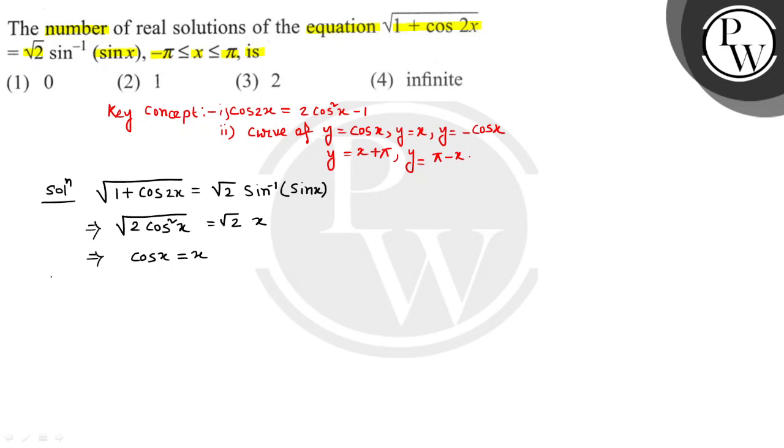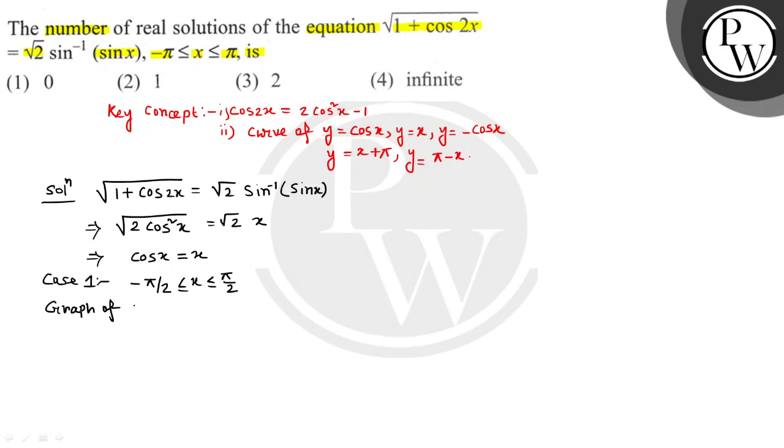Now we consider the intervals. Case 1: the interval is minus pi by 2 less than or equal to x less than or equal to pi by 2.